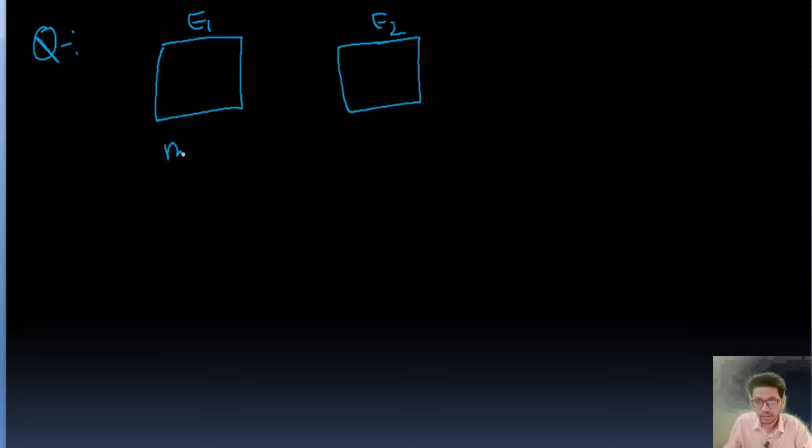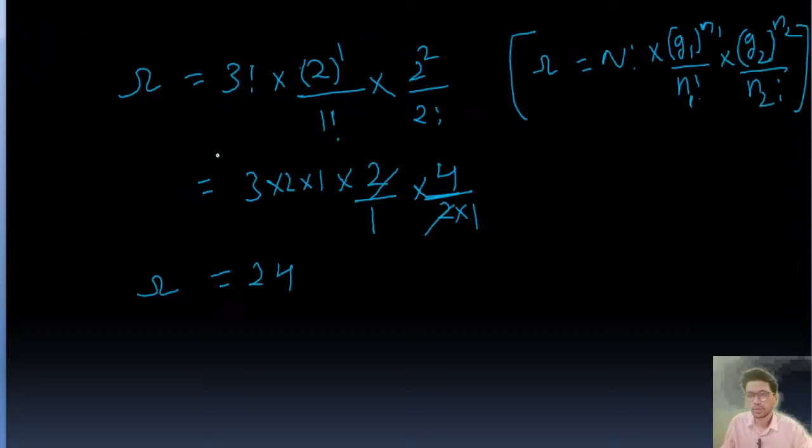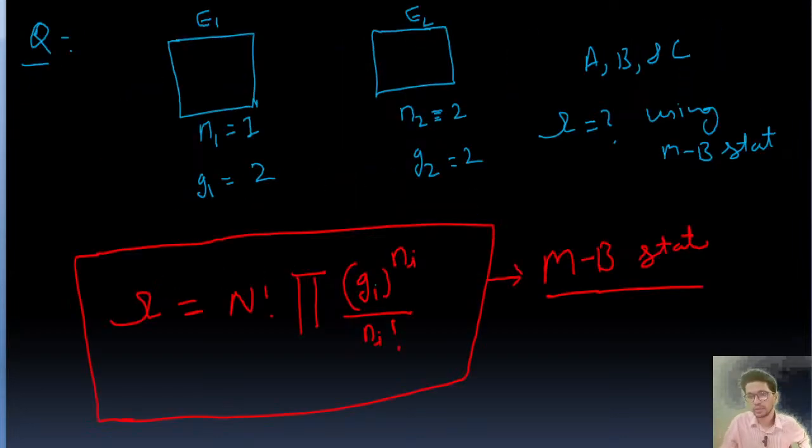For this, N1 equal to 1, G1 equal to 2, and N2 equal to 2, and G2 equal to 2. So this is the same question, but here we have to find the microstate for MB statistics.